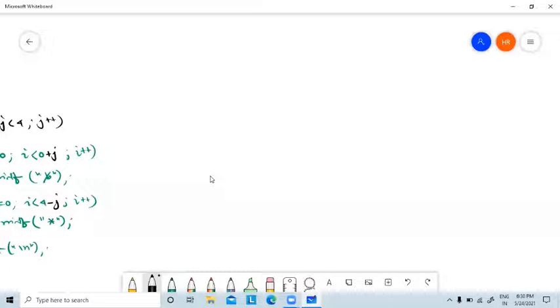Now the next pattern is also very interesting. Instead of a left or right skewed star, if it is a diamond like this, then for this type of pattern, the first thing that you have to do is break it into row and column.